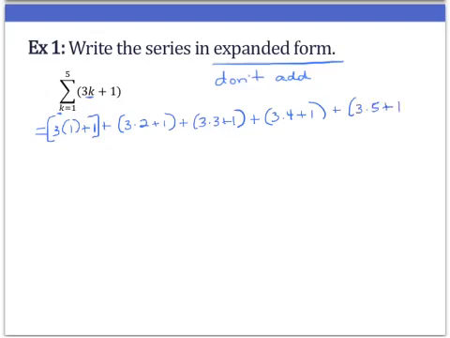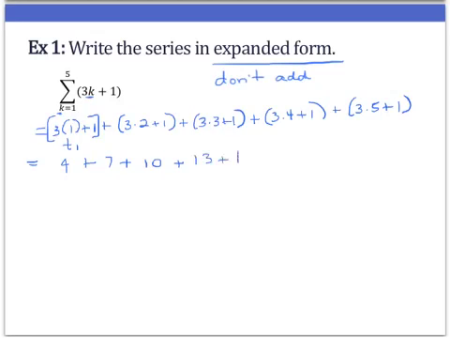Now the reason I'm writing it like this with all of these parentheses is that I want to know what the first term is. This is T1. And so I'm going to figure out, and this ends up being 4. This is 7. The third one is 10. Fourth one is 13.